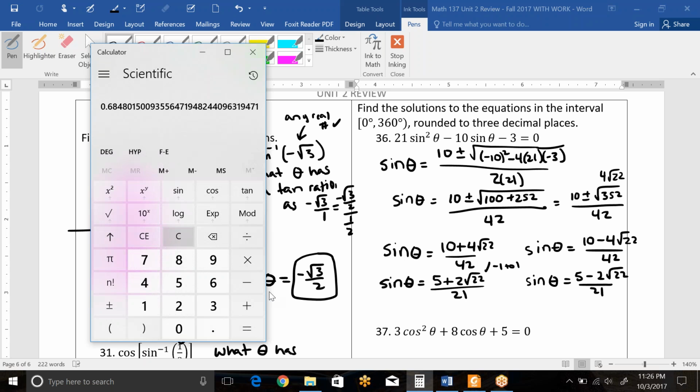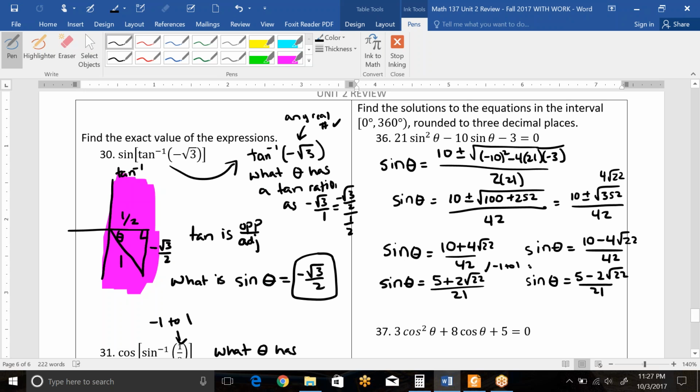Let's check the other one before we go any further: 5 minus 2 times the square root of 22, and then hit enter so it'll divide correctly, divided by 21, is about -0.209. So this one is also between -1 and 1. That means we can say theta is sine inverse of all of this, and theta is sine inverse of all of this one.